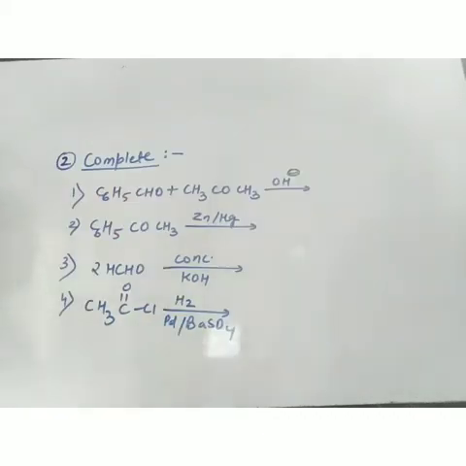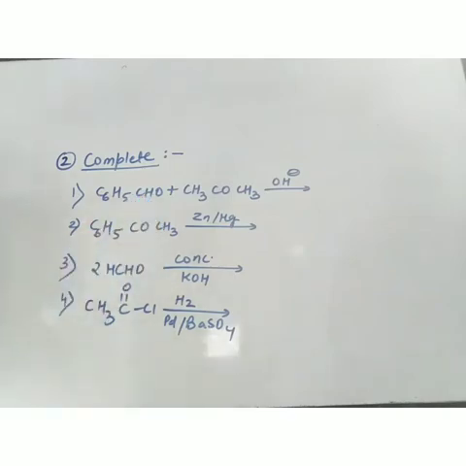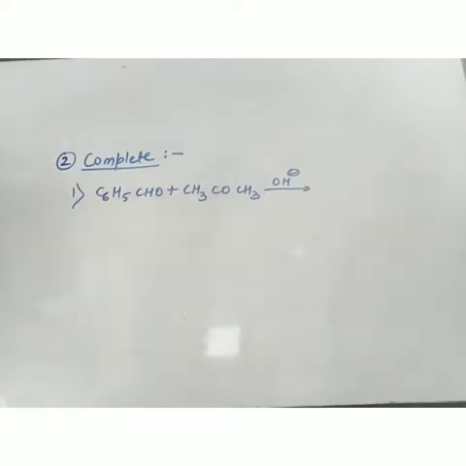Now the second question is, complete the following. I have written 4 questions here, and in all 4 we have to write the product. Let's solve them one by one. The first question is C6H5CHO plus CH3COCH3. This is benzaldehyde and this is a ketone, and OH minus is written on the arrow. It is the sign of aldol condensation, because aldol condensation occurs in the presence of base, and it is a cross aldol.